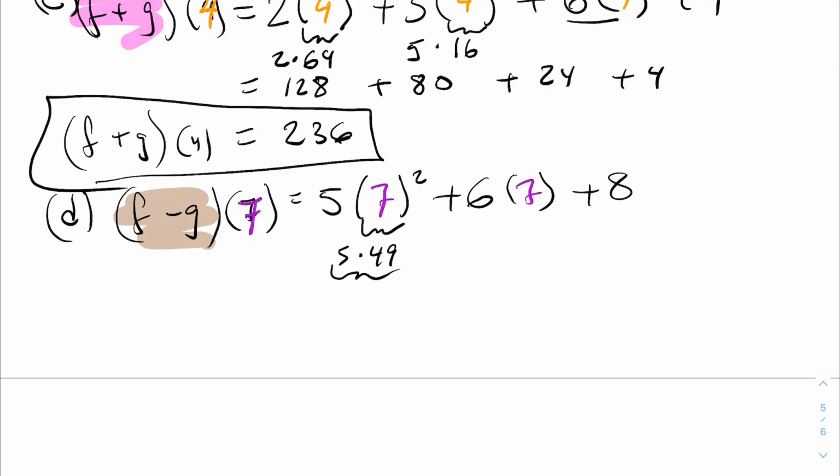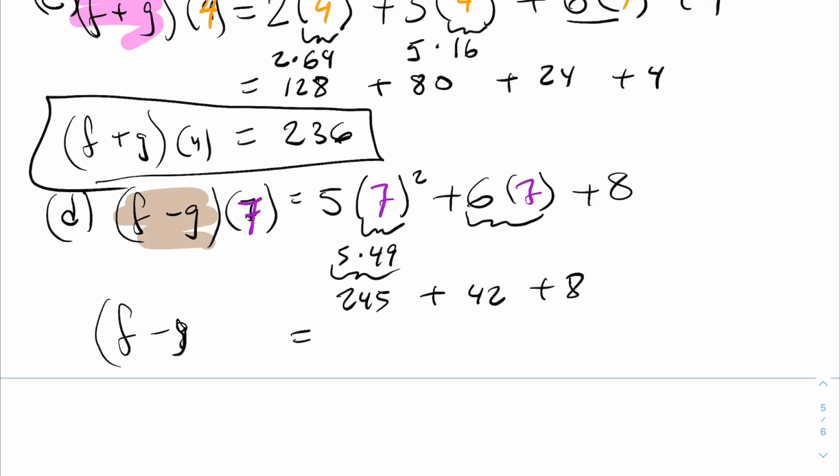And then we have 49 times 5 is 245. And then we have 6 times 7 is 42 plus 8. So when we sum them all up, f minus g at 7 equals 295. 295, and we did it.